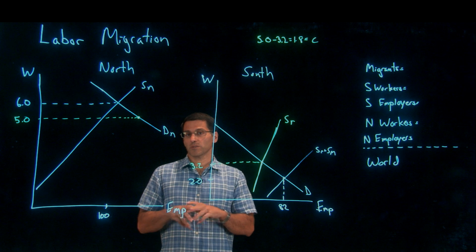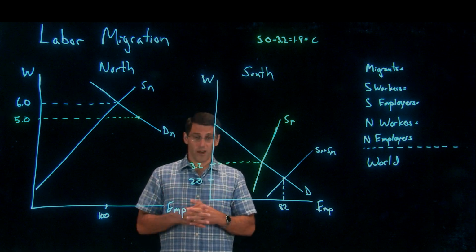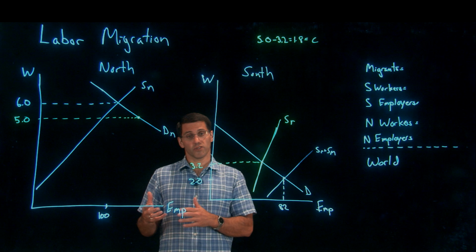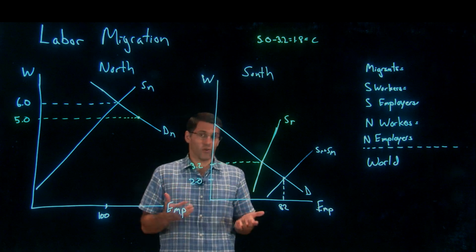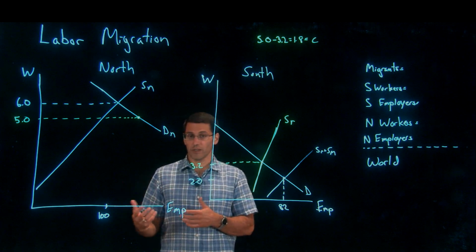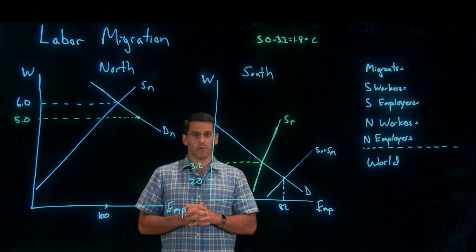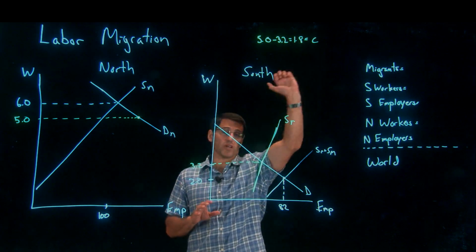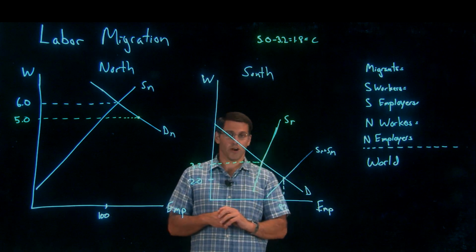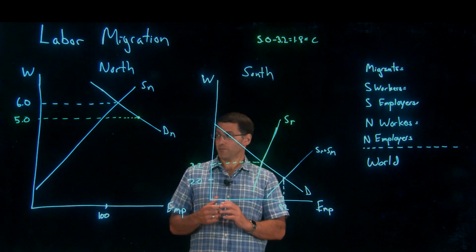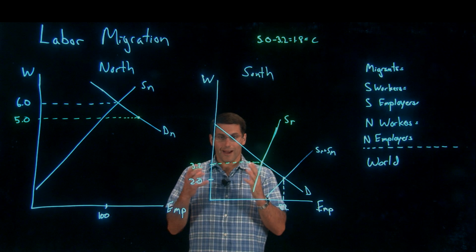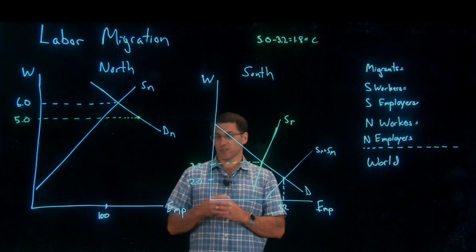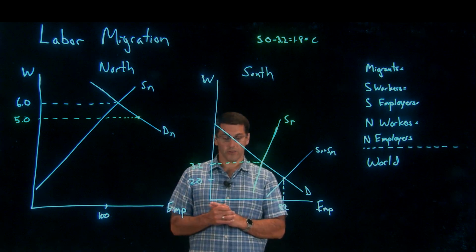But perhaps even more significant are the psychological costs associated with leaving your homeland and moving to another country. We'll talk a bit more about what those costs might be in class. But for now, just take it that C includes both the psychological and the out-of-pocket costs of migration. In this case, stated in hourly terms, that's a cost of $1.80.